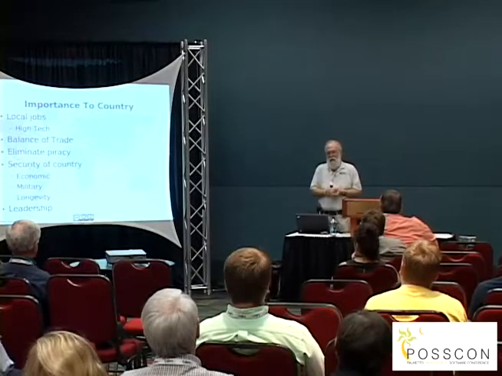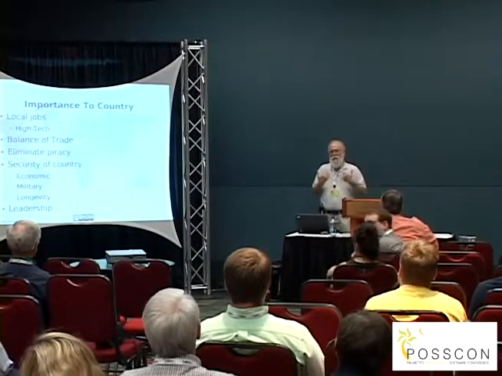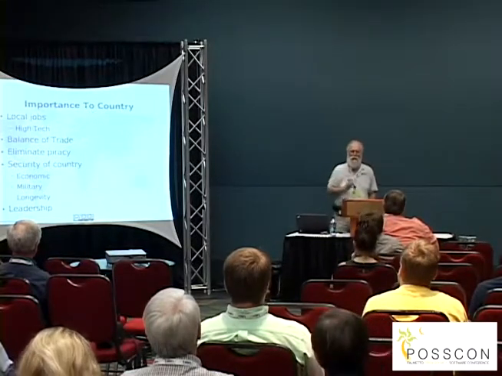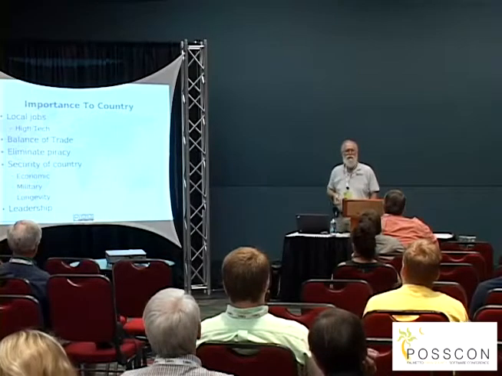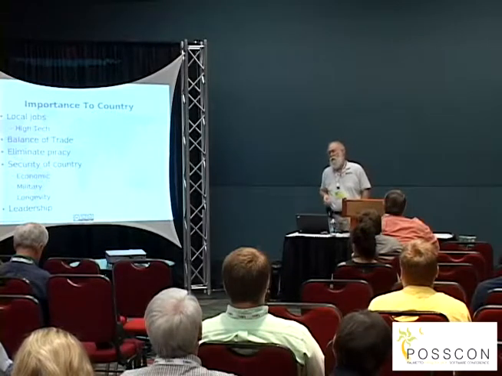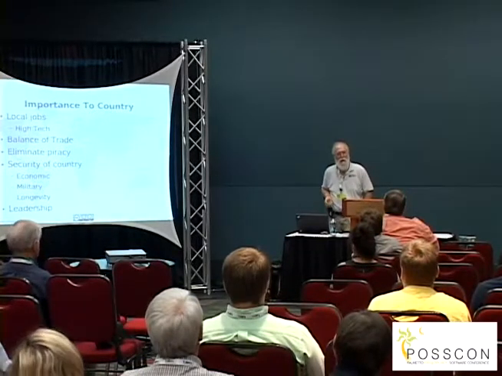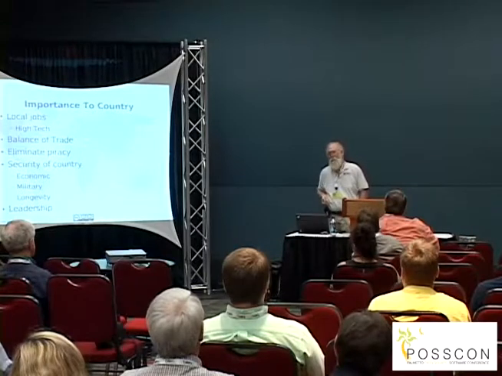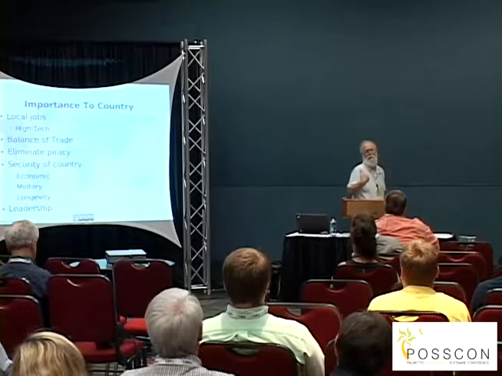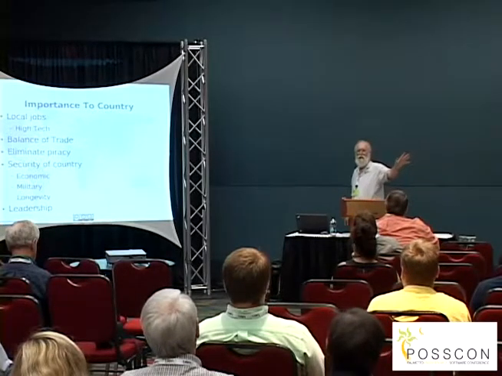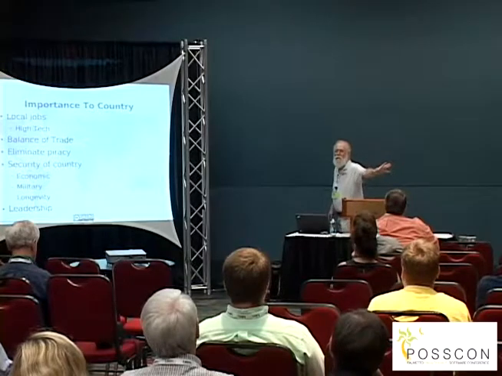Plus, local jobs. There's a lot of people who think of the United States as one large country. But when you go back to the Constitution of the United States, you find out there were actually 50 small countries. I live in the small country of New Hampshire. We make two things in New Hampshire, actually three things. We make cows, we make maple syrup, and we make software. Well, not me, but a lot of the people in New Hampshire send a lot of their money to the small country of Redmond, Washington. And they basically make software.